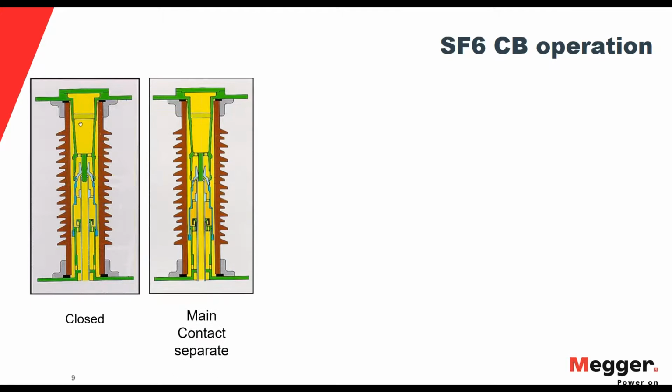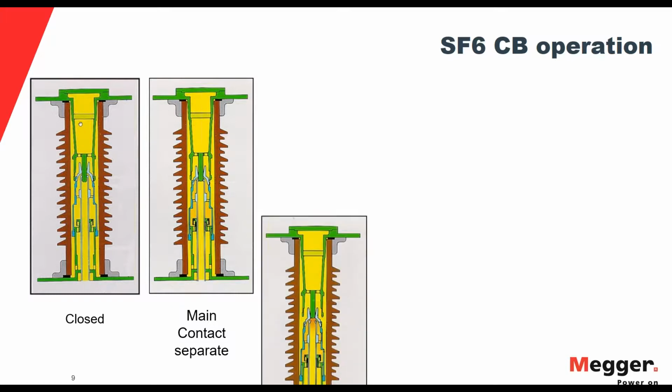Once I give an open command to the circuit breaker and the mechanism starts moving, after a short time my main contact will start to separate first. My arcing contact is still in touch with the other end.